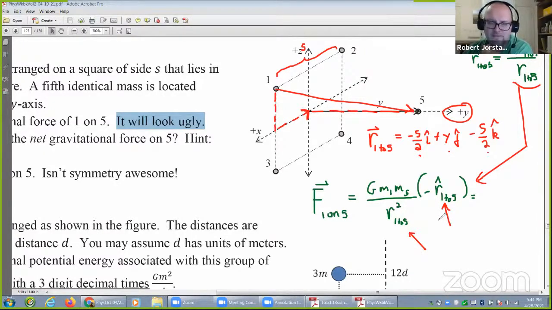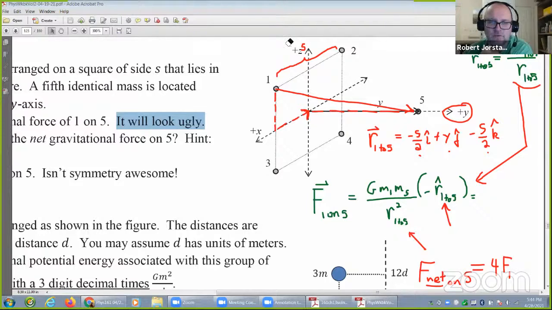What is the net force on 5? Times F1x, oh wait, F1 j hat, F1y. Do you agree? Because it's along the y-axis.